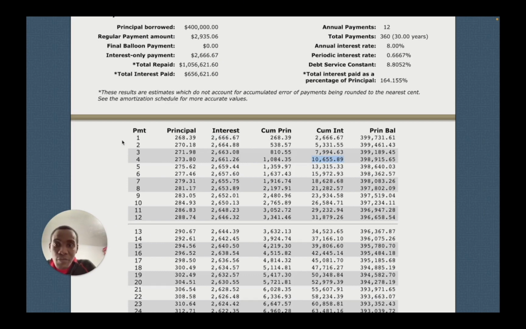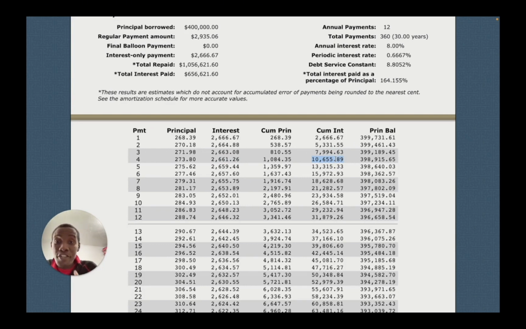You see, every time we make our monthly payment, line 1, line 2, line 3, line 4, we are charged interest, $2,600, $2,600, $2,600, $2,600. When we add it all up, it adds up to over $10,000 in interest we will have to pay just to get down to line number 4.